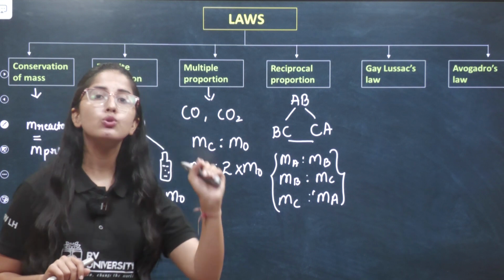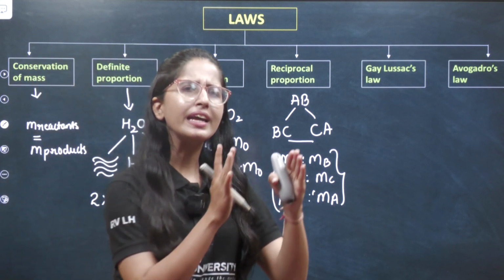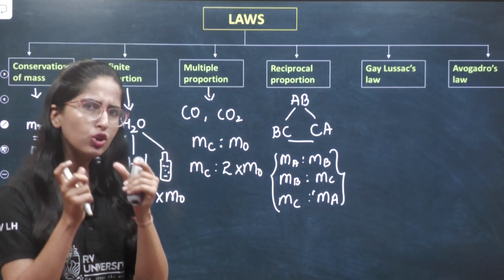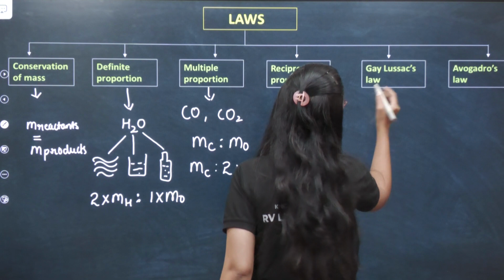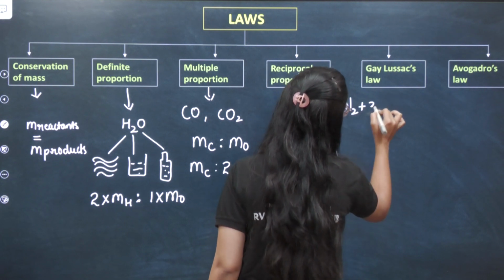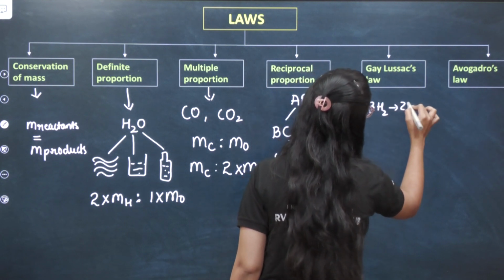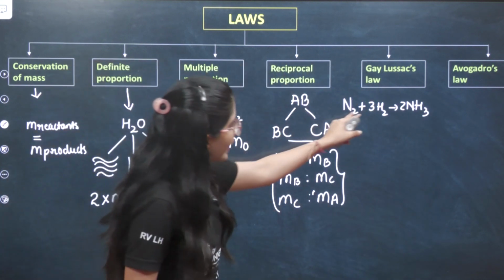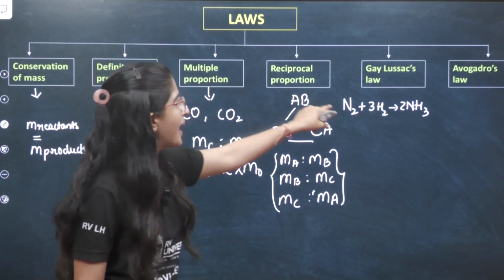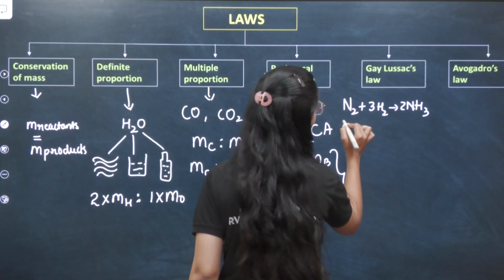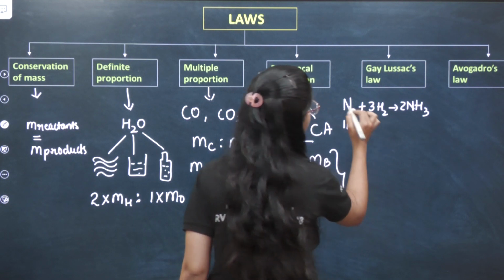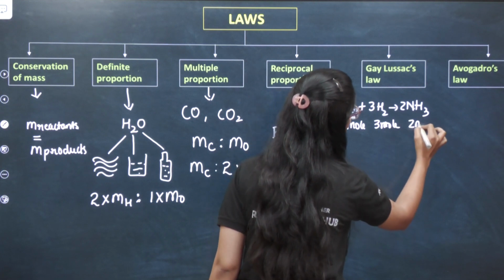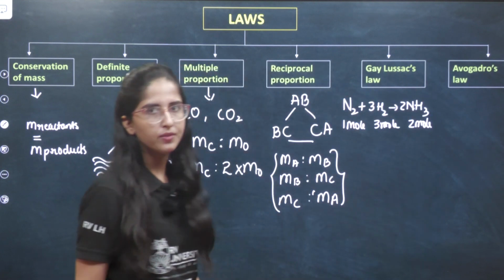Next is your Gay-Lussac's law. That is for gas volumes actually. The Gay-Lussac's law says that you find a reaction, okay? So let's say N2 plus 3H2 give rise to 2NH3. Formation of ammonia is there. Clear? Now I have balanced the equation, and from this balanced equation I can say that 1 mole of nitrogen combines with 3 moles of hydrogen to give 2 moles of ammonia, right?